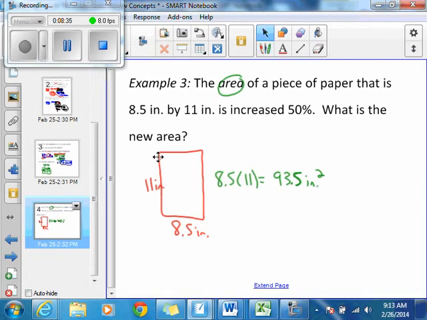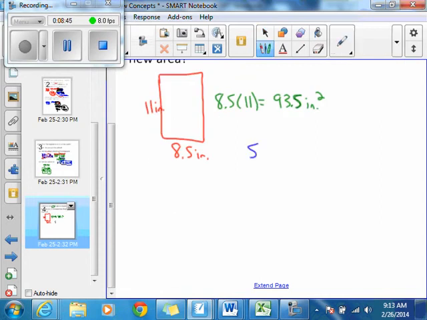Now it tells us the area is increased by 50%. So I see a percent. I'm going to take my percent and put it over 100 because it always goes over 100. And then I'm going to put my original area on the bottom. Fill in the blank with an X.